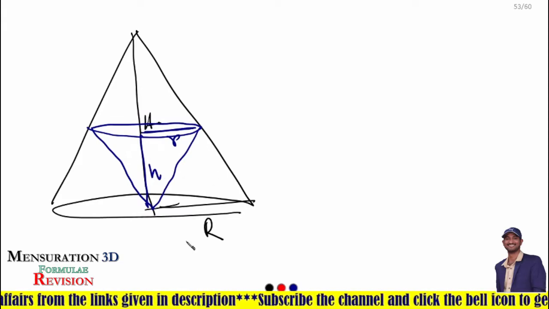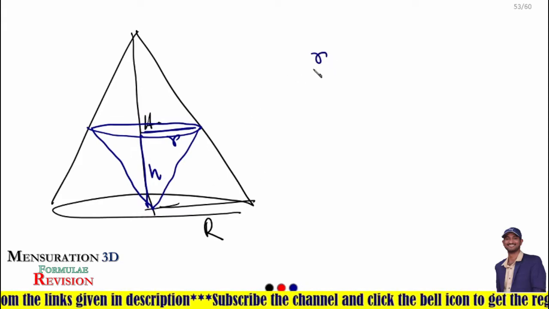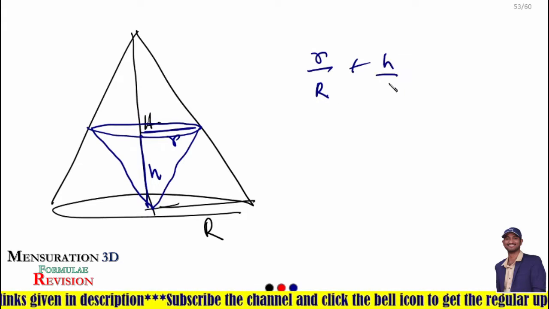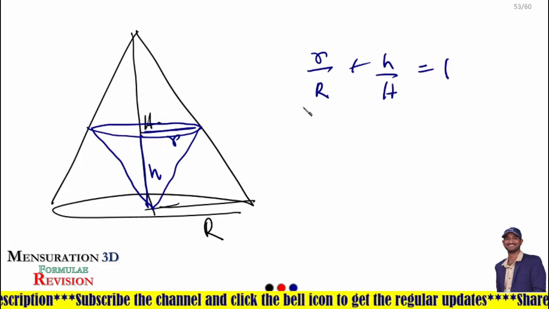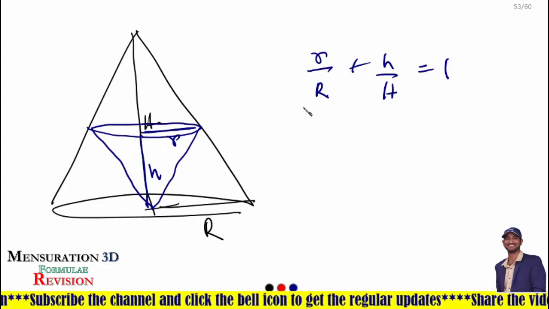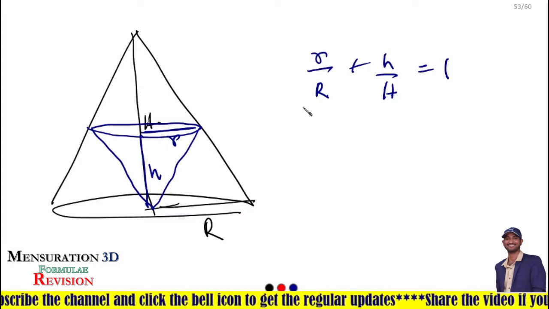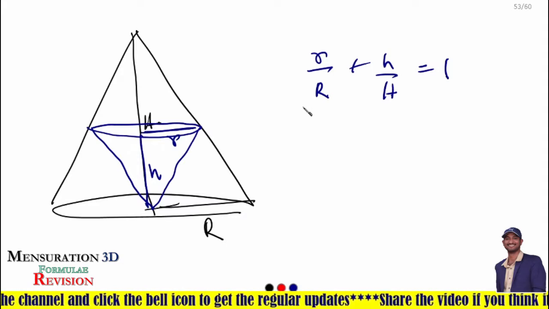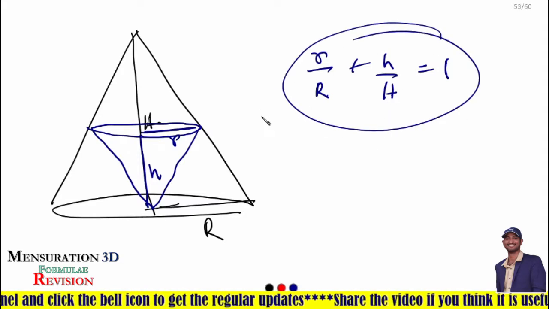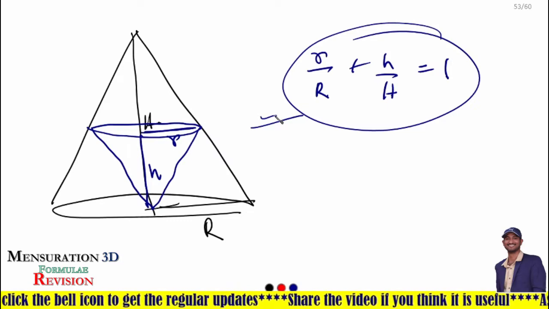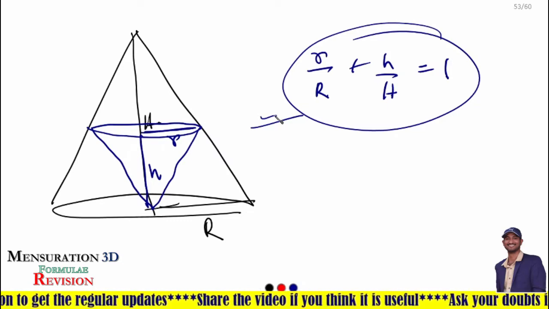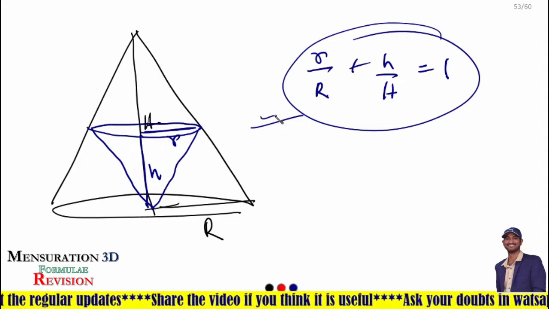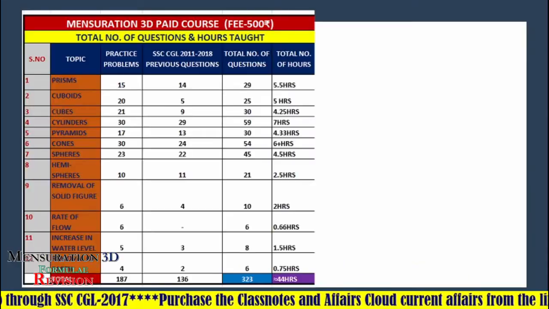Then the relation between all these four variables is r by R plus h by H is equal to 1. Small r and small h are the dimensions of the inner cone, and capital R and capital H are the dimensions of the outer cone. This is the relation between all these four variables. This is also a very important thing you have to remember in cone. Is it clear? Friends, again a small break.